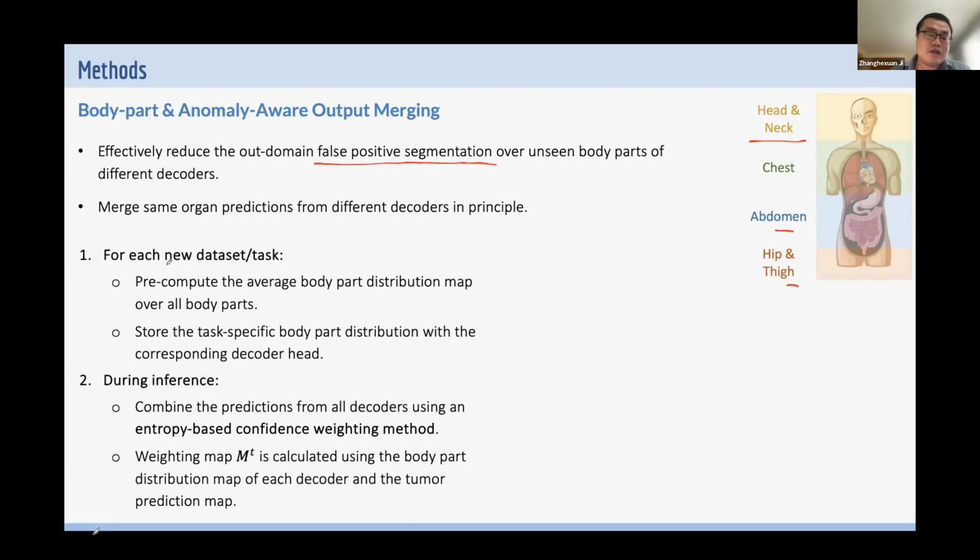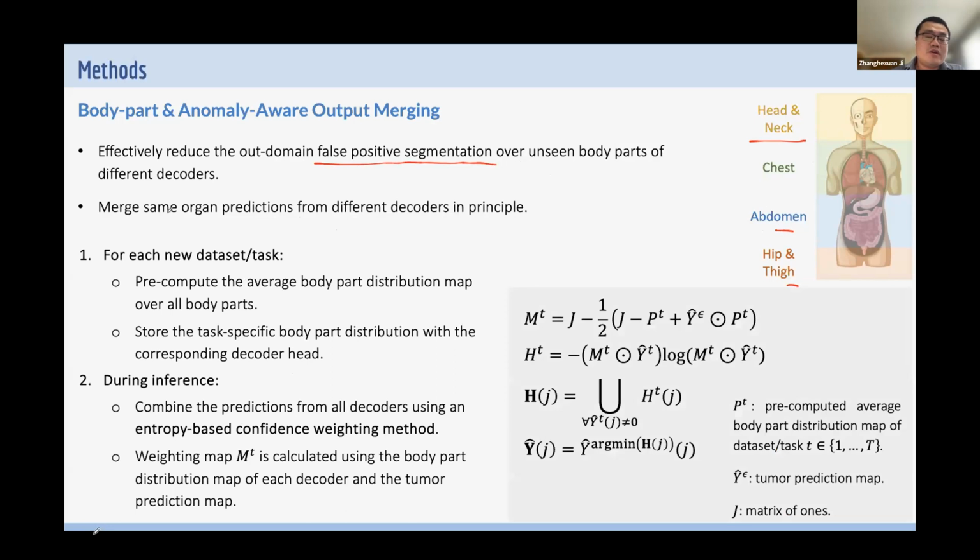So what we do is use an entropy-based confidence weighting method. For each new dataset and task, we first pre-compute the average body part distribution map over all body parts. Then we store the task-specific body part distribution with the corresponding decoder head. During inference, we combine the predictions from all decoders using this confidence weighting method.